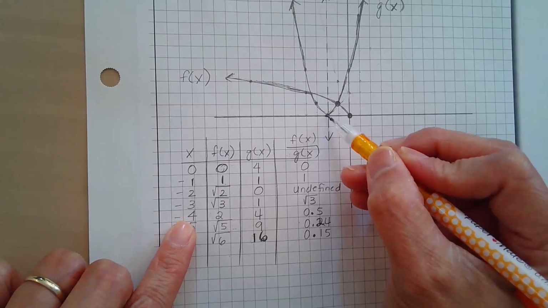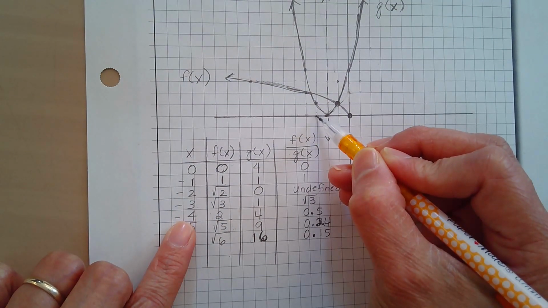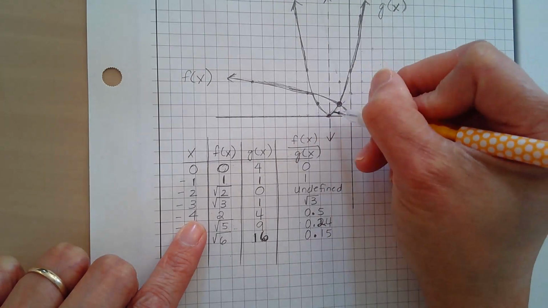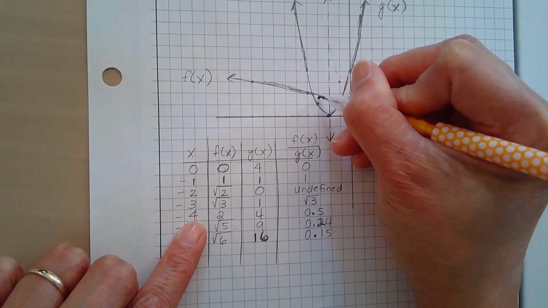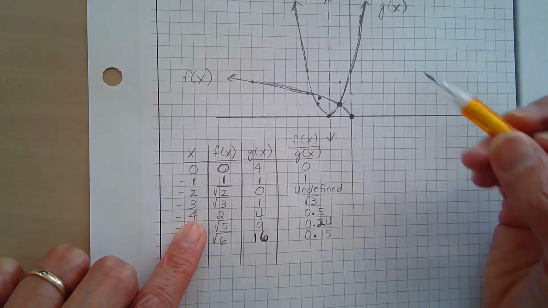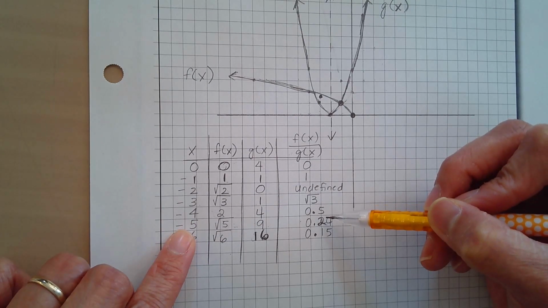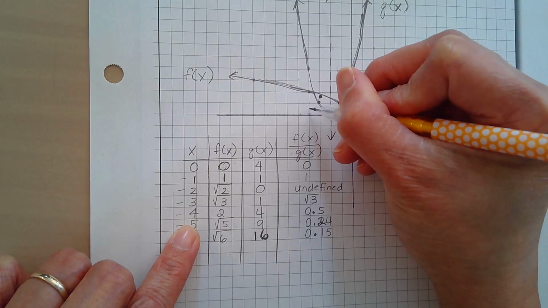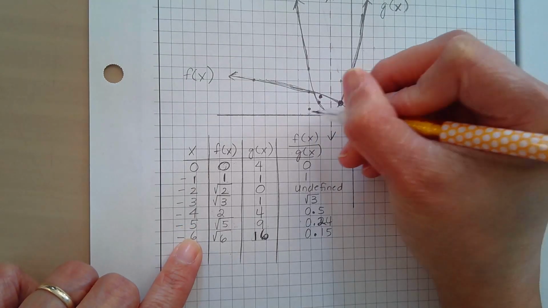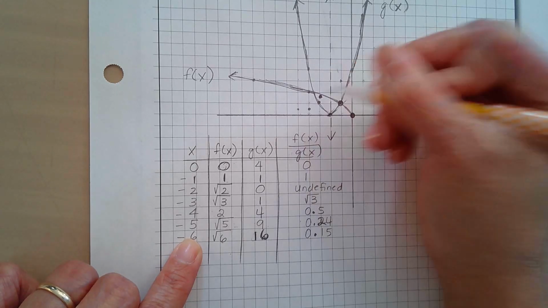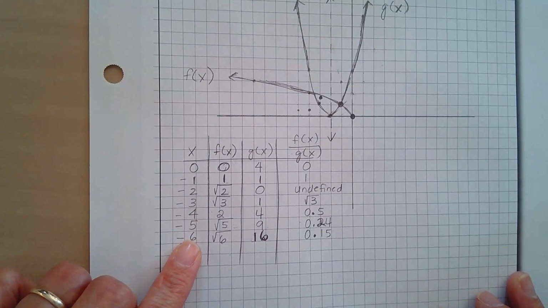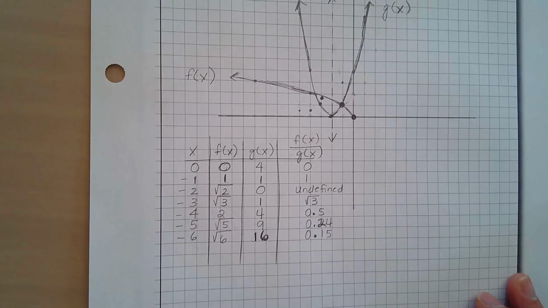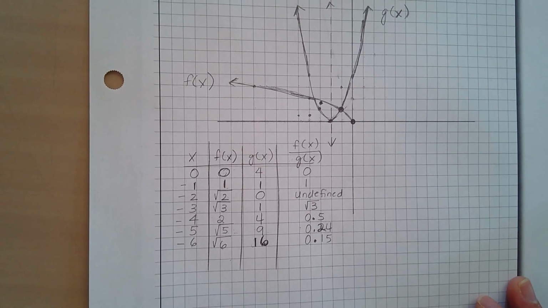If x is negative 3, it's going to be the square root of 3, which is 1.7. Okay, so probably around there. If it's negative 4, it's 0.5. If it's negative 5, it's 0.24. It's getting smaller and smaller. Okay. Can we see what the picture kind of looks like?